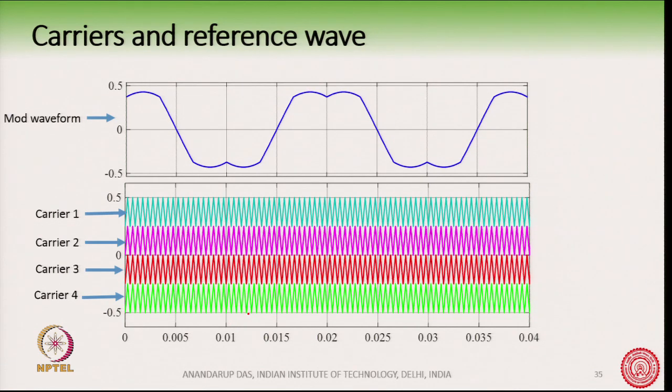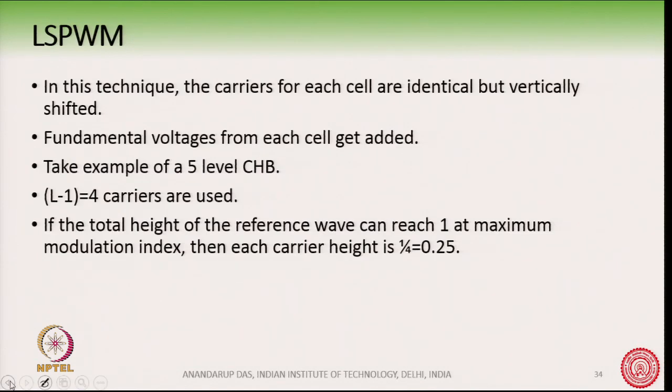So, what is the height of each carrier? If the total height of the modulating or reference wave is 1, then the height of each carrier is 1 by 4, or 1 by the total number of carriers used. So, 1 by 4 is equal to 0.25.